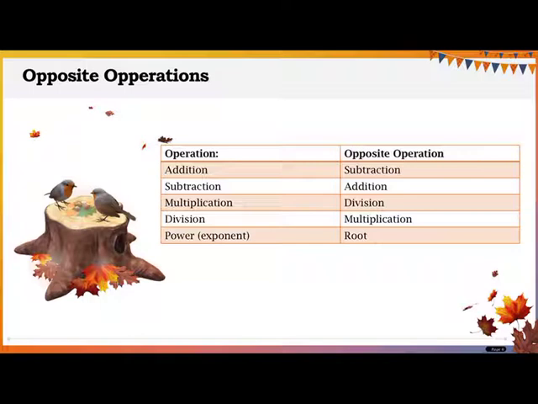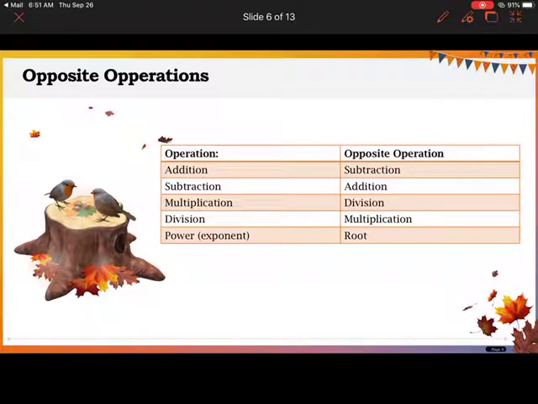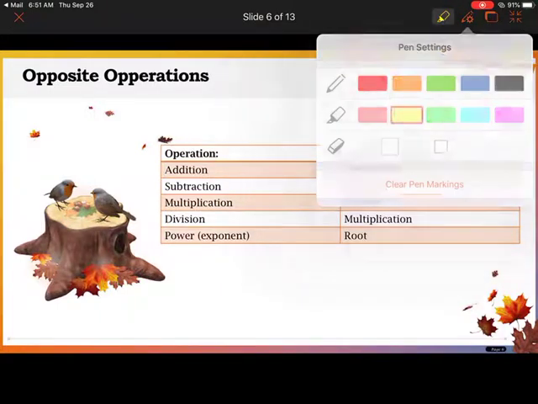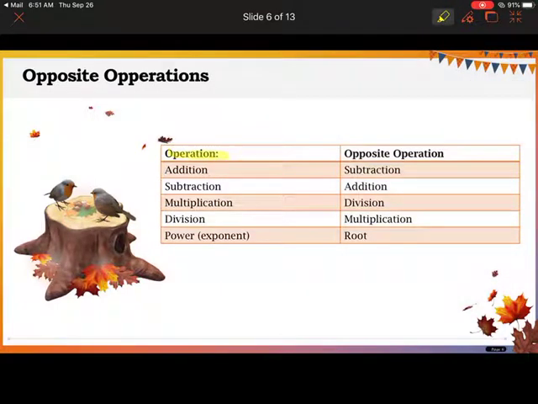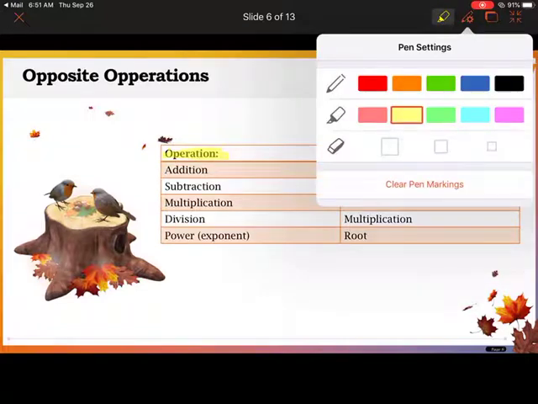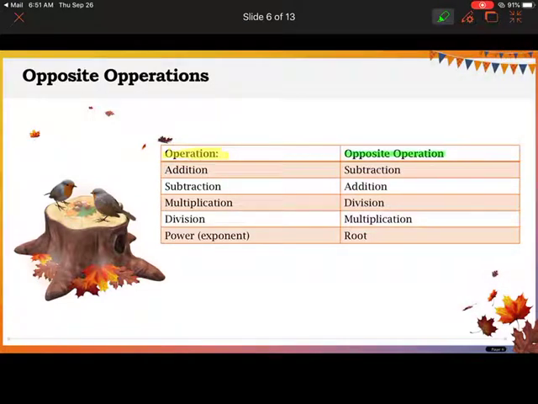So opposite operations. We have the operation on the left, and then we have the opposite operation on the right, which is what we will do when we're solving an equation. So we have addition.